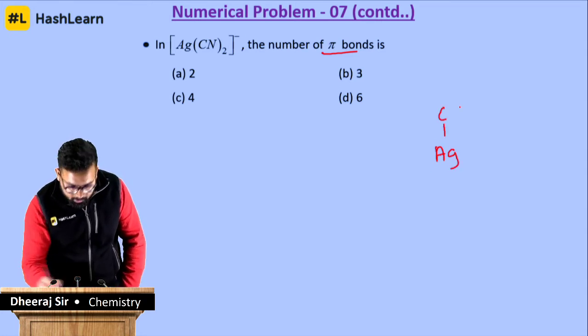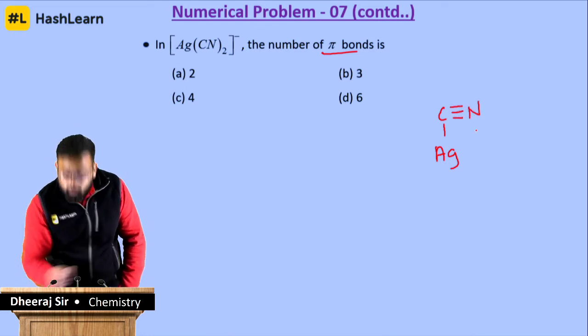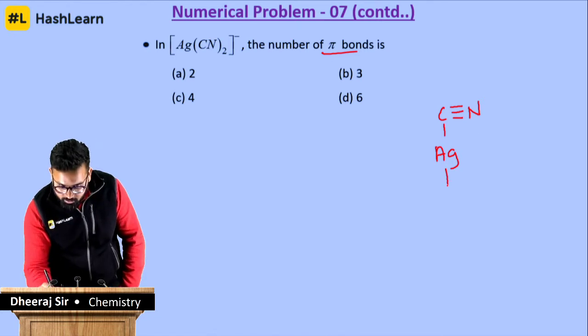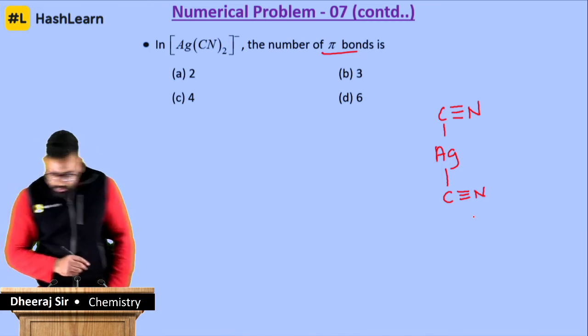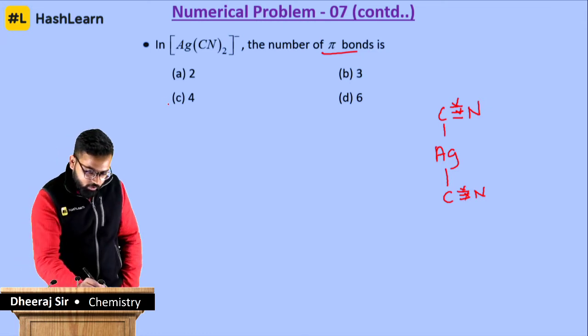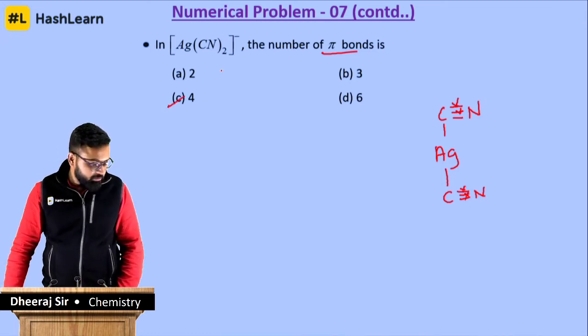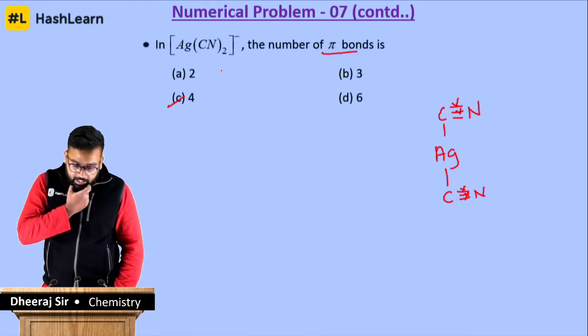There is cyanide, and you should know cyanide is nothing but C triple bond N. So there are 3 covalent bonds, out of which one is sigma and 2 are pi, and another C triple bond N. Therefore, what should be the answer in this case? Pretty straightforward. There's 1, 2, 3 and 4. There are 4 pi bonds, and all of you have given the right answer. Hope you have understood, Shakir. So good. Let us get going.